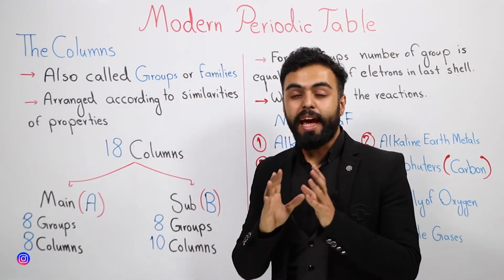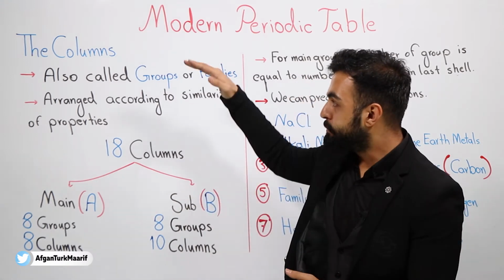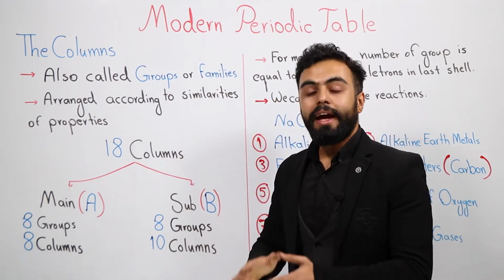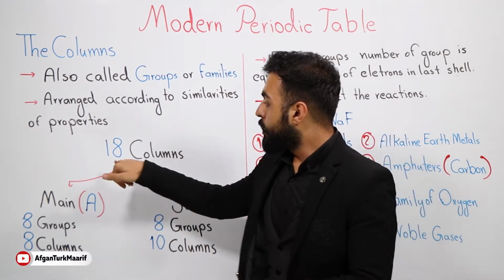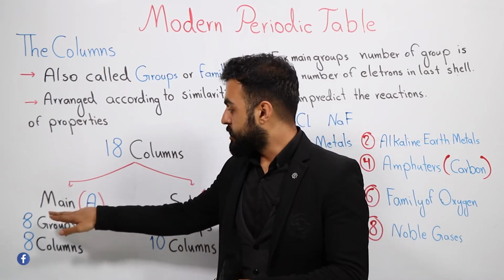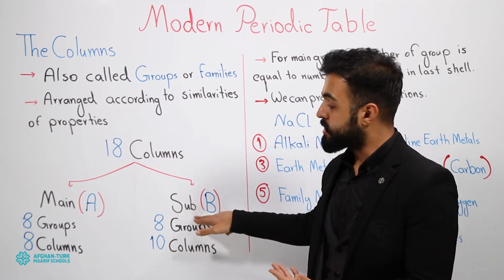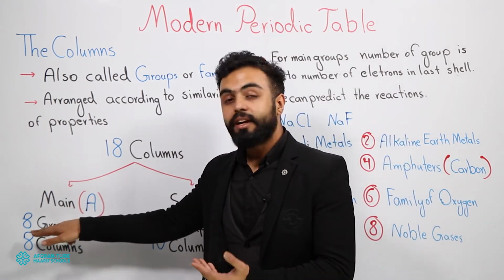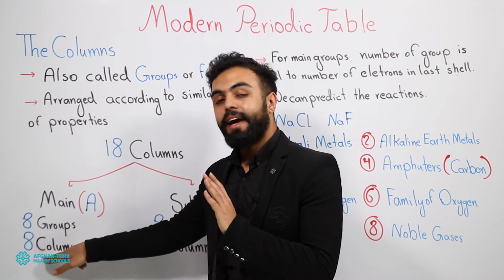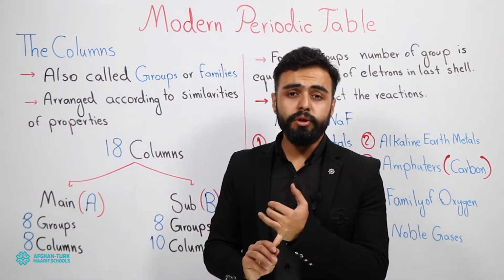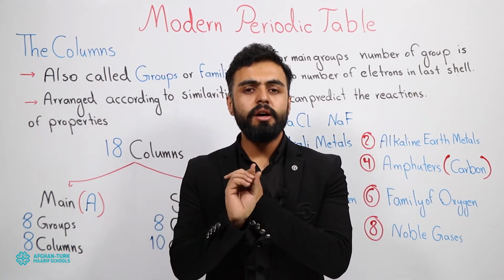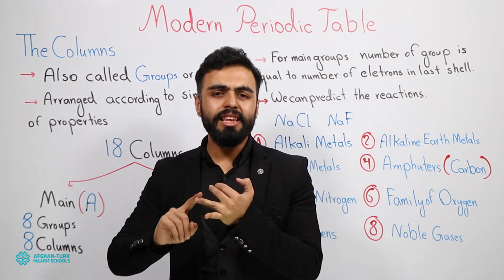We have about 18 columns from up to down. They are divided into two parts: the main groups and the subgroups. The main groups are 8 groups and 8 columns, so each column is one group from 1 till 8.